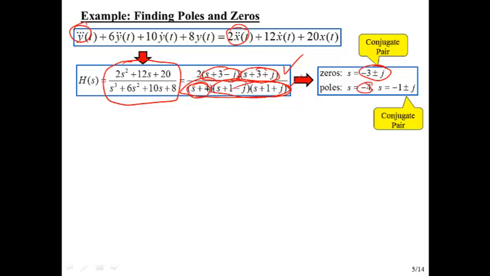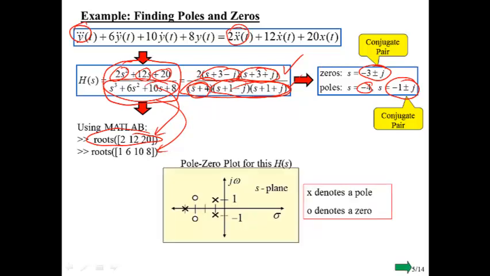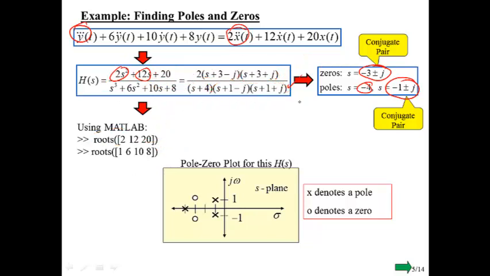So we've got a pole at -4, and a pair of conjugate poles, one at -1 plus j and one at -1 minus j. And here I'm showing that you can use the roots command. You just put the coefficients directly in here and use this roots command. It doesn't make the plot for you. It just spits out what the root values are, and then you can make the plot yourself.